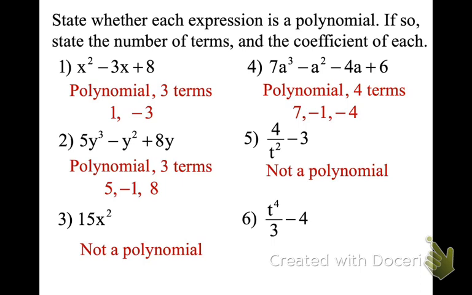Yes, it is a polynomial. How many terms? 2 terms. And what is the coefficient, RJ? 1/3. Notice we have a 1 and a 3 here, so that becomes my coefficient, 1/3.